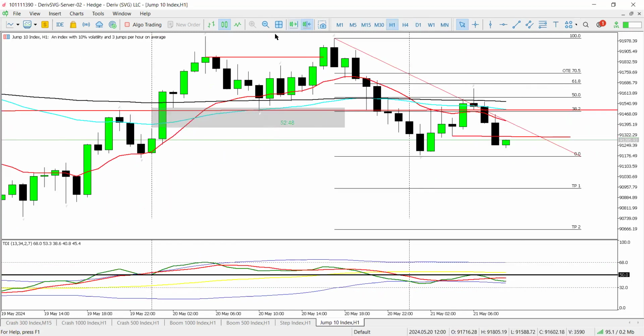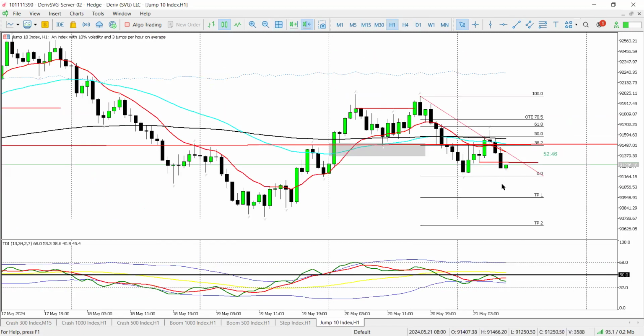If you do take sells, remember that our daily zone is lying between TP1 and this 0.0 area, which is in line with this zone which was broken. So if you're taking sells, I think this level can actually be a support zone.